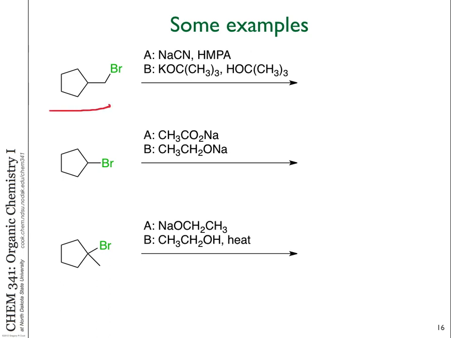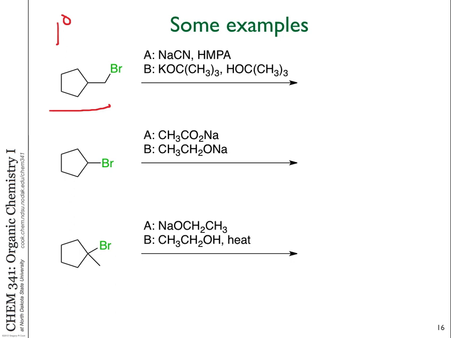What's the nature of the substrate? It's a primary alkyl halide. So that rules out something right away, right? What does that rule out? No carbocations can be formed. Not possible. So SN1 or E1, not an option.